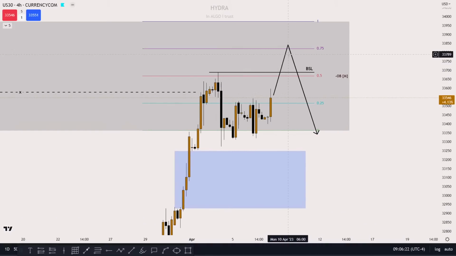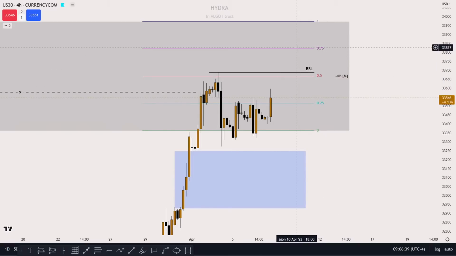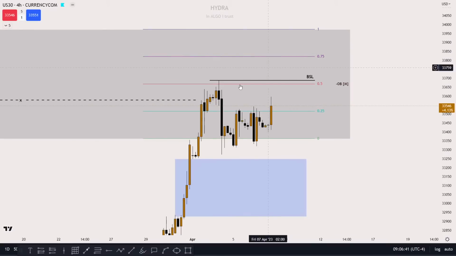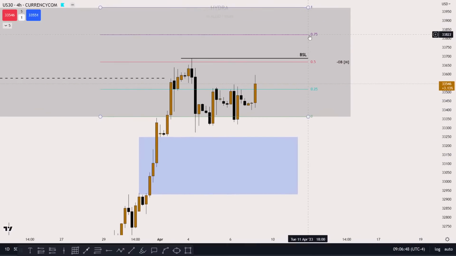My bias is bearish. I'm expecting my bias to offer sell side liquidity, right? So how far am I expecting my bias to go? I'm expecting my bias to deliver buy side liquidity up until the upper quadrant of this monthly order block. That's how far I'm expecting price to go. If price is still offering buy side liquidity more than that and price is aggressive, then my bias is wrong, right? That's the basic knowledge.